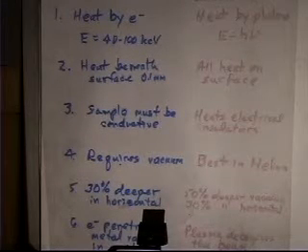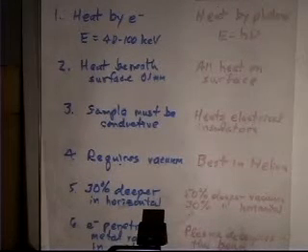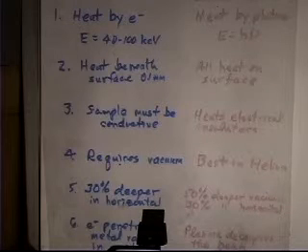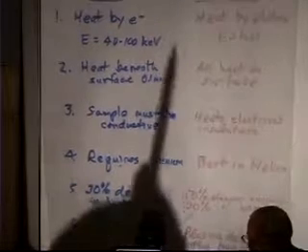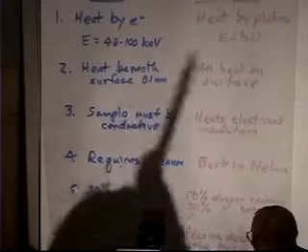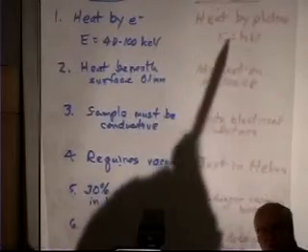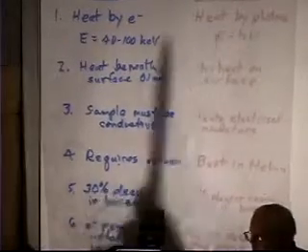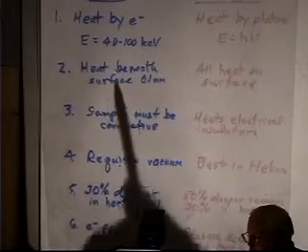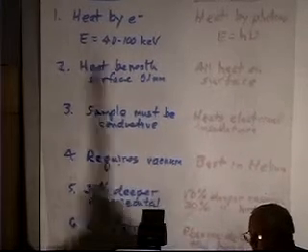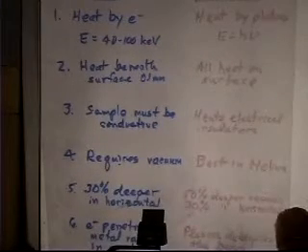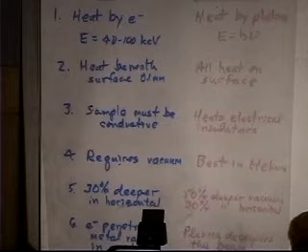Electrons are particles, but photons, are they particles or are they waves? I don't know. You have to wait for some other person to come tell you that answer. They behave like both. But the point is, there's a tremendous difference in the energy of each little thing that's interacting with the material, and that has important effects. For the electron beam, you actually get heating beneath the surface. The electrons actually penetrate the surface.